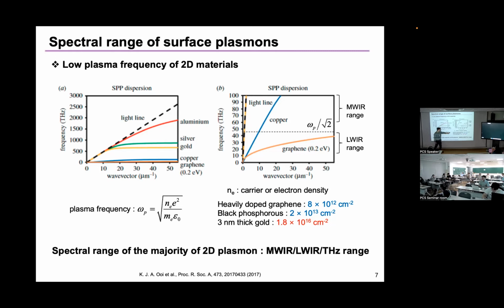We can compare: heavily doped graphene has this value of electron carrier density, black phosphorus has this one, but even a 3 nanometer thick gold structure has a very large electron density. This discrepancy makes it difficult for the graphene plasma frequency to go up to the high-frequency region: SWIR, near-IR, and visible.